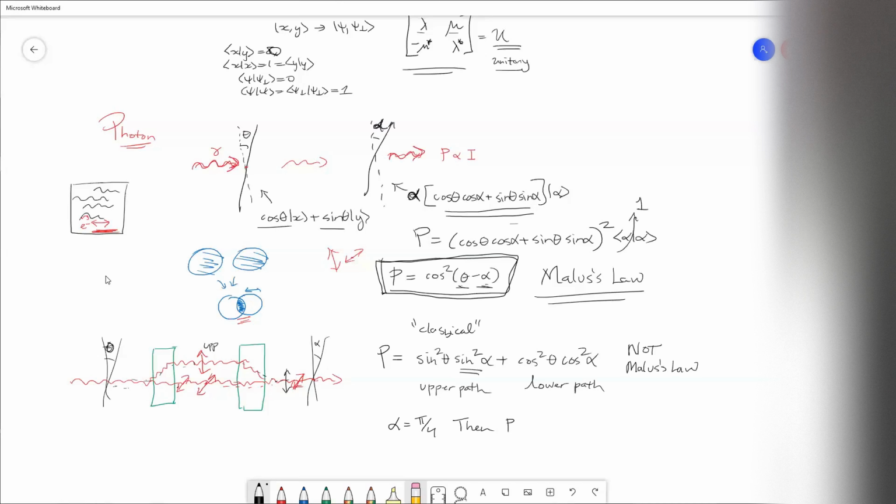Then from here, you'll get that this is just equal to a half, because sine squared alpha and cosine squared alpha are both going to be equal to, well, 45 degrees is square root of 2 over 2.